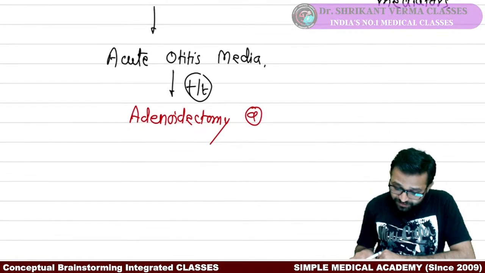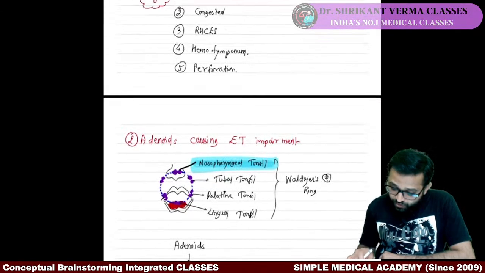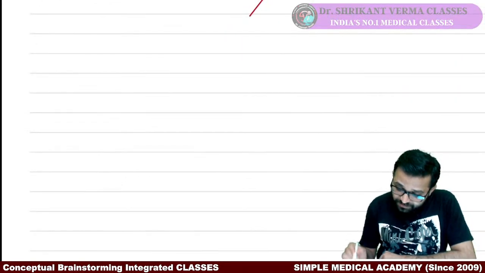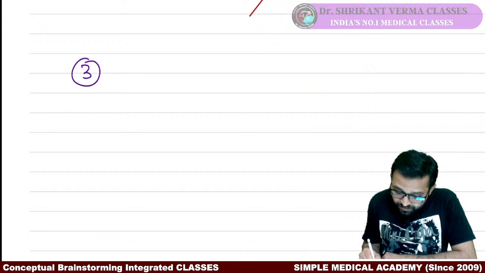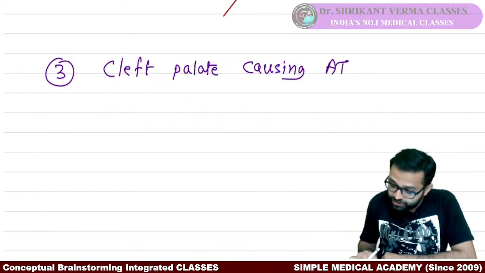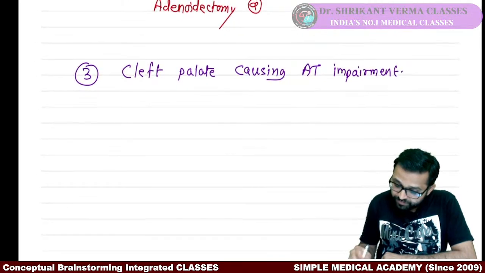Now, the next cause we are going to look at is simply cleft palate causing auditory tube impairment.